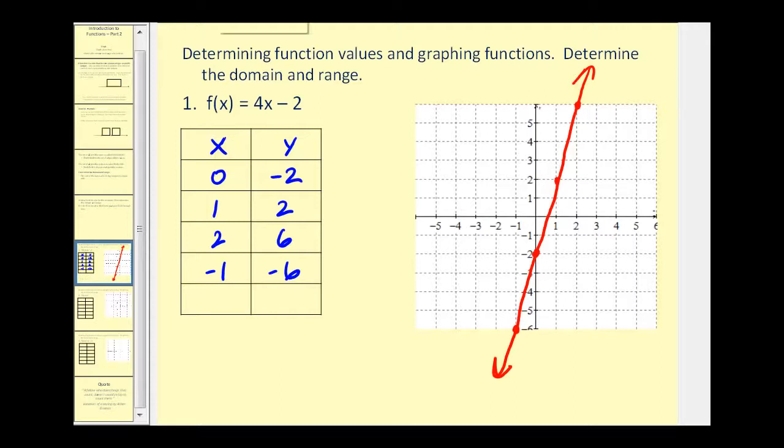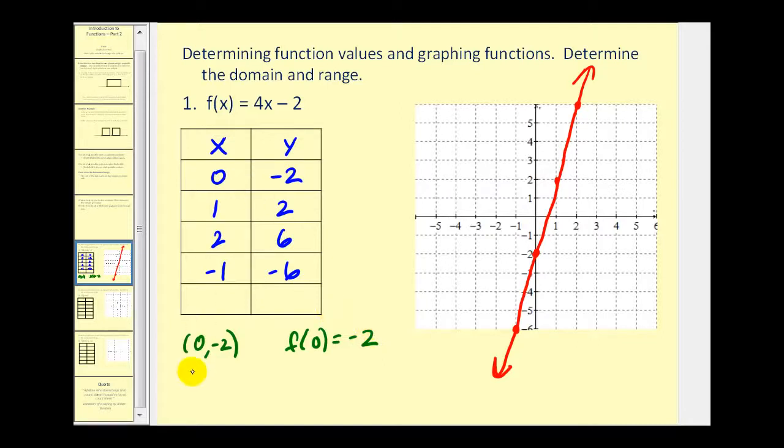However, I do want to make the connection that if we have the point 0, negative 2, if we want to rewrite this using function notation, we would say that f of 0 equals negative 2. 0 is the input, or the x value, and the entire function value, or y, is equal to negative 2.